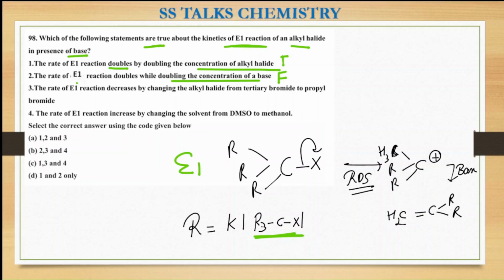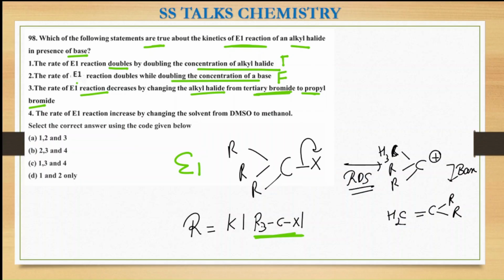Next one that we have says, the rate of the E1 reaction decreases by changing the alkyl halide from the tertiary bromide to the propyl bromide. So it is again a true statement, because the RDS step of the reaction is the formation of the carbocation. So the stability of the carbocation matters over here.